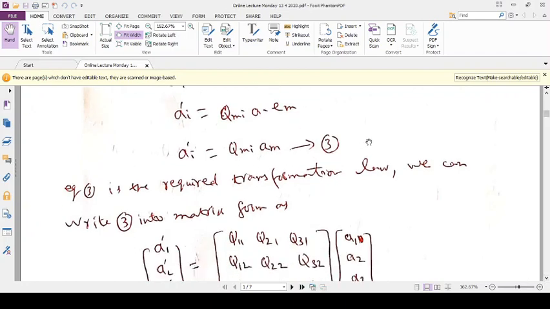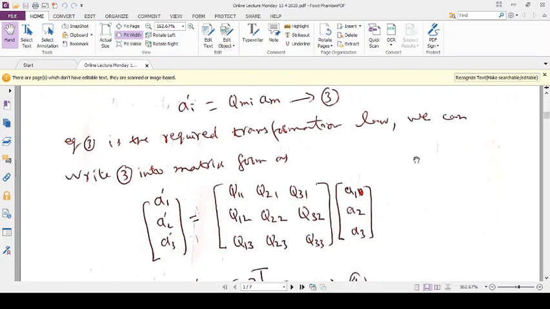Here m is a dummy index and i is a free index. We know that i varies from 1 to 3, that is A1 dash, A2 dash and A3 dash. So A1 dash will be equal to Q_m1 A_m, and simply you can write Q11 A1 plus Q21 A2 plus Q31 A3. Similarly you can have the second equation, then the third equation.